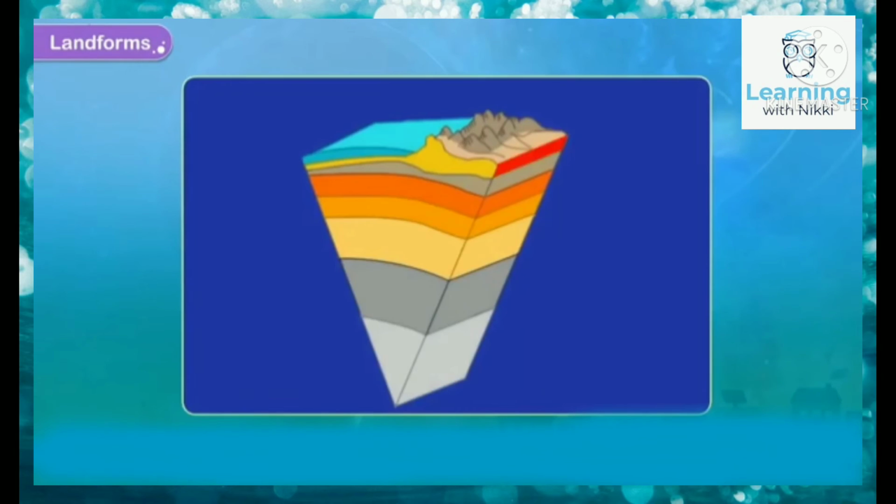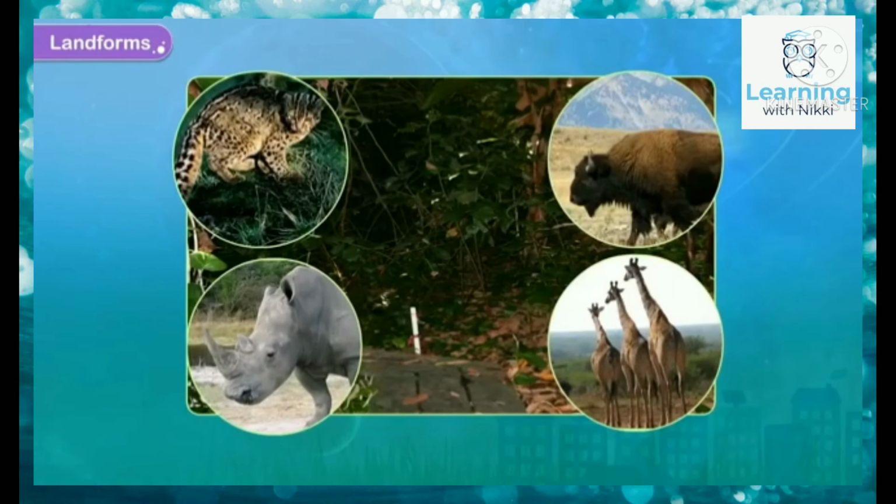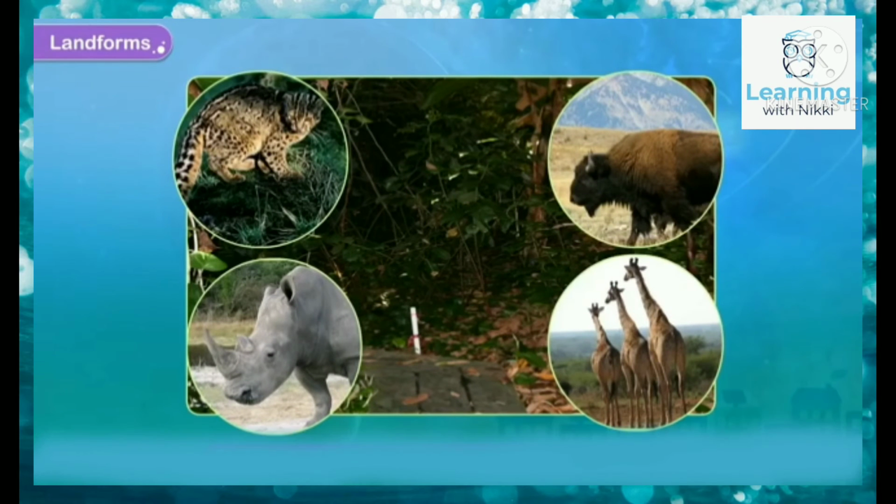The rocky solid part of the earth, comprising the crust and the uppermost part of the inner layer of the earth, is called the lithosphere. This forms the land pieces on which the terrestrial, that is, living world survives and sustains. The plants and animals live on this part of the earth.